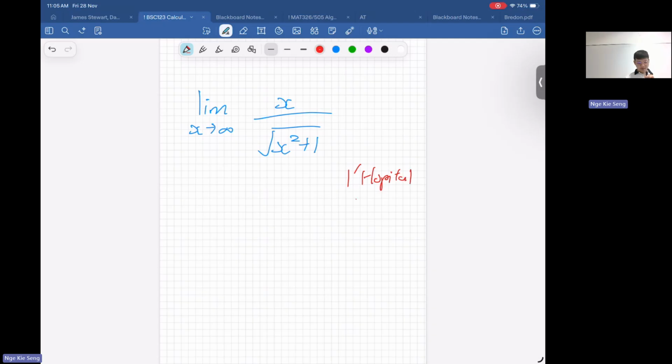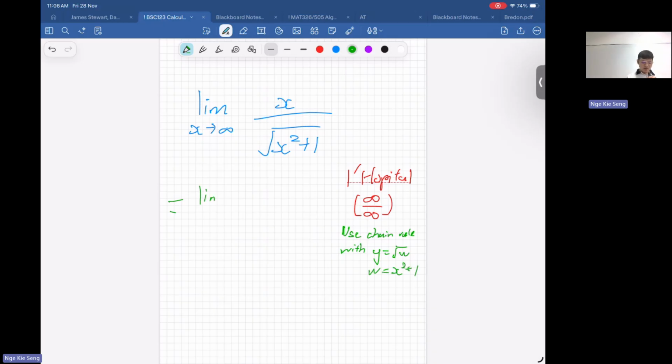Okay, and then you are using L'Hopital's rule. And then if you want to be more specific on your differentiation, maybe you can say that we should use the chain rule with, for example, y equals square root of w, and then w equals x squared plus 1.